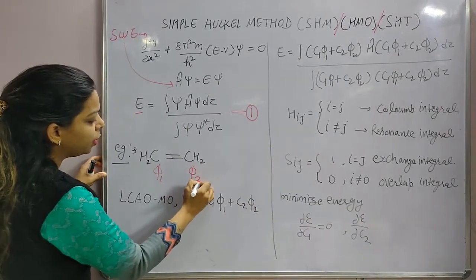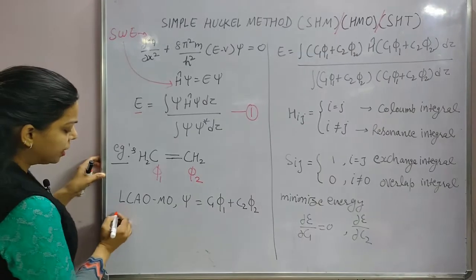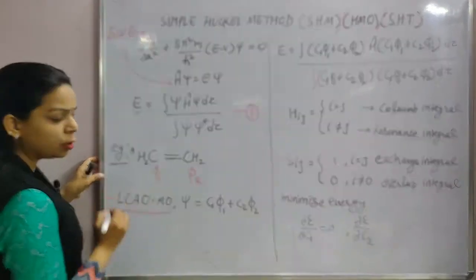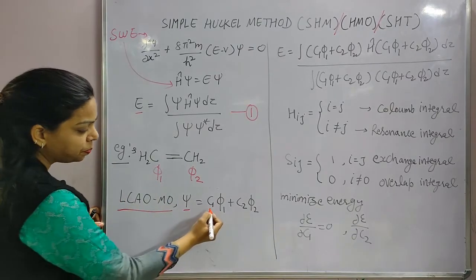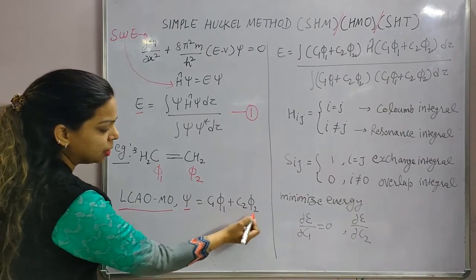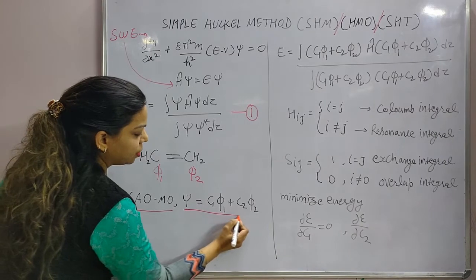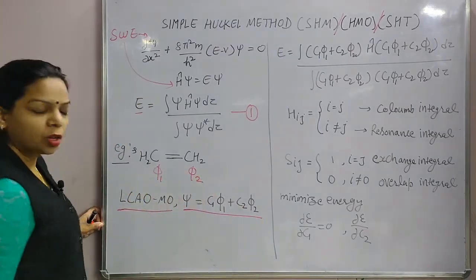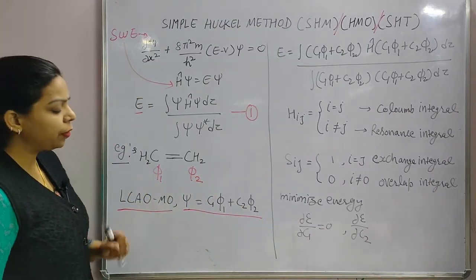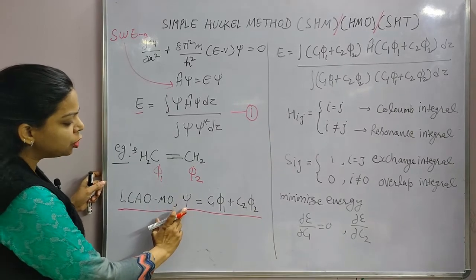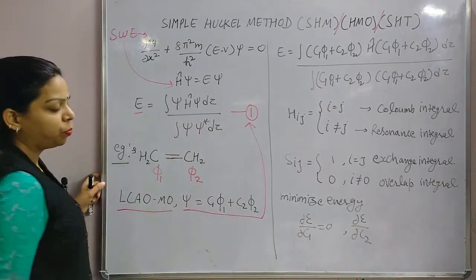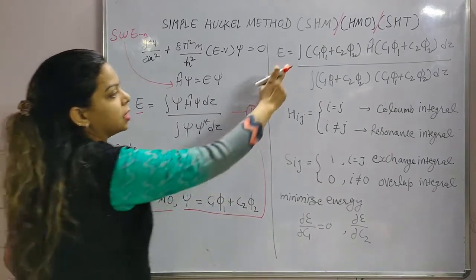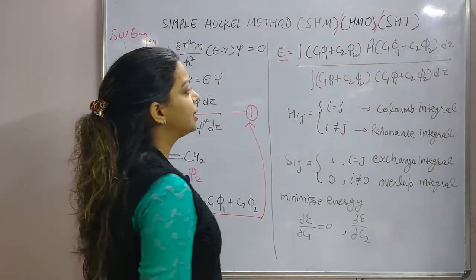As per LCAO molecular orbital theory, we can write the molecular orbital as C1 phi 1 plus C2 phi 2. This is the wave function for this system. Once you have the wave function, we substitute it in equation number 1.